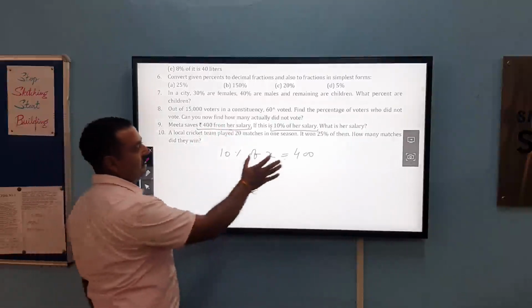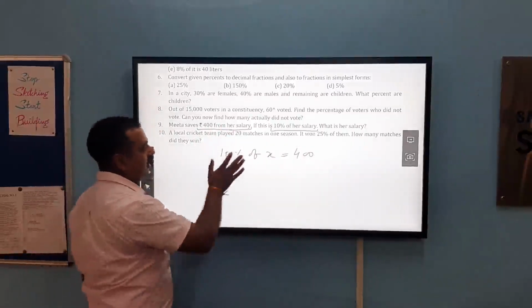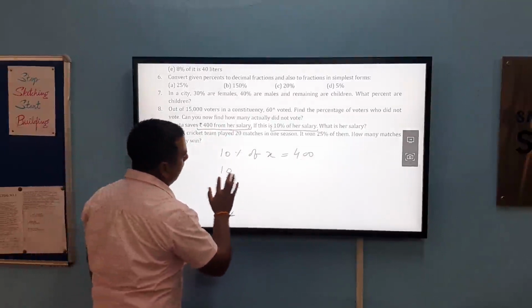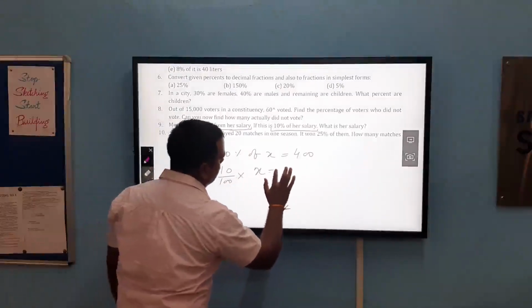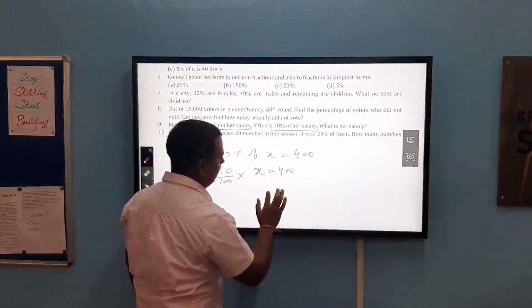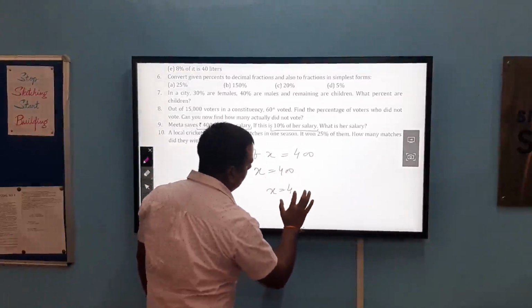So 10% of X is 400. Now we simplify this. 10 upon 100 into X is equal to 400, and after simplification we get X is equal to 4,000 rupees. That is the salary of Nita.